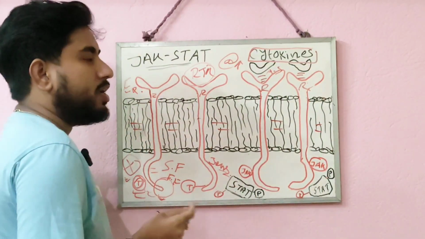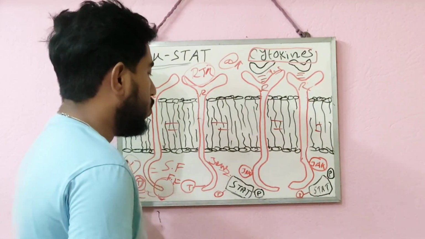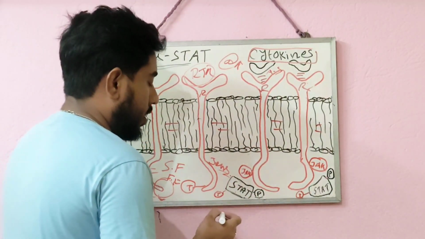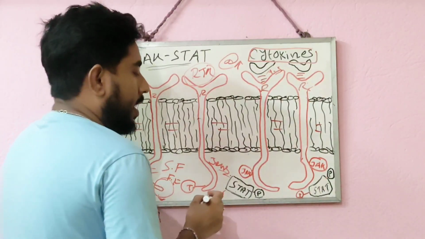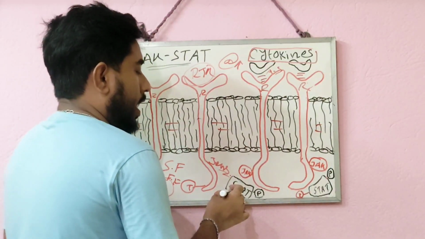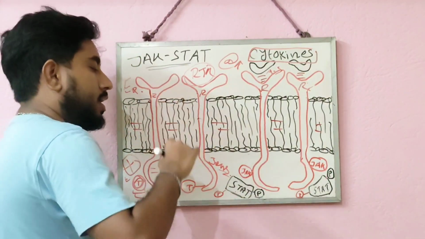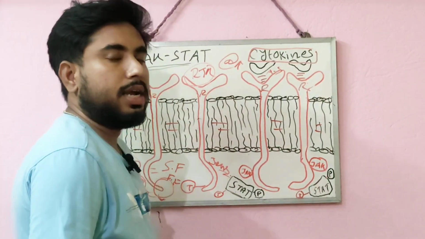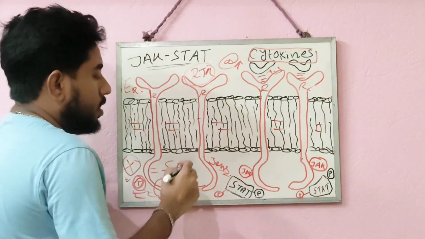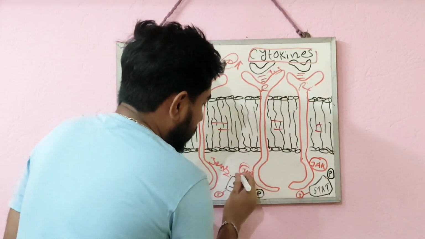In the enzyme linked receptor, we showed that whenever the receptor is excited or activated, one protein comes and binds with the kinase that is present. There the RTK kinase was present, so a different protein came and bound with RTK. But here in Jak-Stat, instead of RTK, the Jak protein is there.